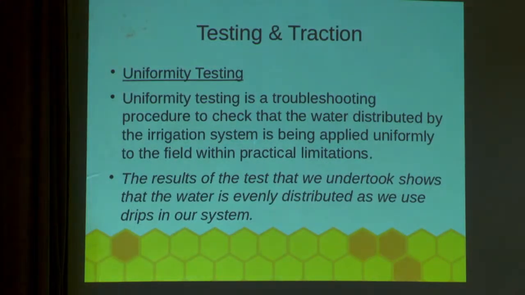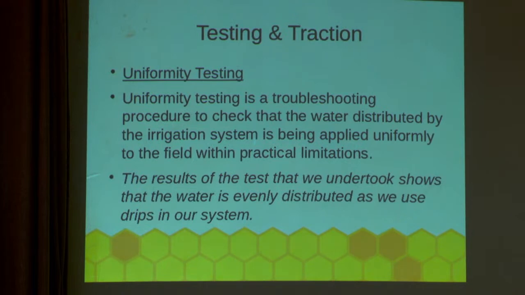Okay, testing. We carried out a test to ensure that the drips water the crop evenly, so that each crop gets a sufficient amount of water, and it is evenly distributed in the whole farm. We carried that research because that's also a challenge.